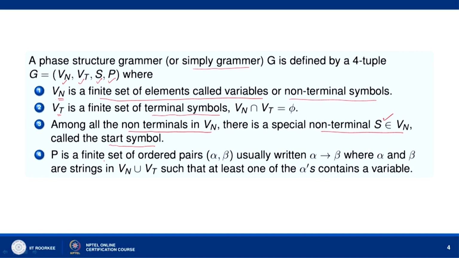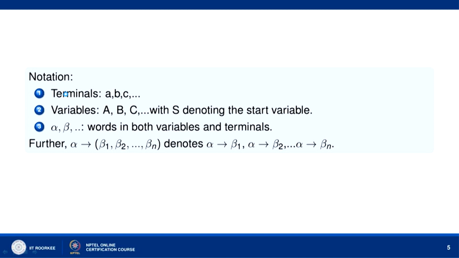Now, P is a finite set of ordered pairs alpha beta, usually written as alpha goes to beta, where alpha and beta are strings in Bn union Bt such that at least one of the alphas contains a variable. Variable means an element of Bn. Now, terminals are denoted by lowercase letters of the English alphabet a, b, c, and variables are denoted by the capital letters of the English alphabet A, B, C. S denotes the start variable.